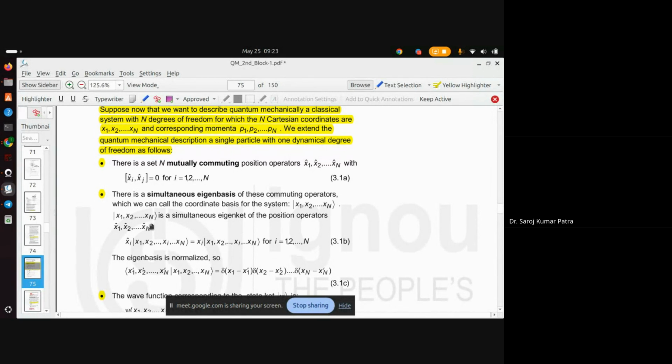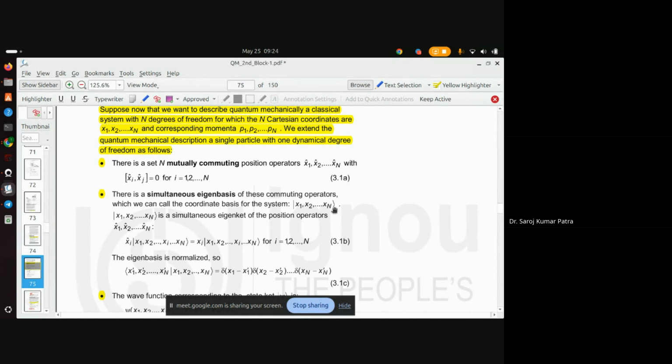There is a simultaneous eigenbasis for these commuting operators, which we can call the coordinate basis of the system. We already discussed basis: it is nothing but a set of mutually independent, orthogonal vectors which describe the whole system. Now, if we have n degrees of freedom, the state will be described by x1, x2 up to xn.